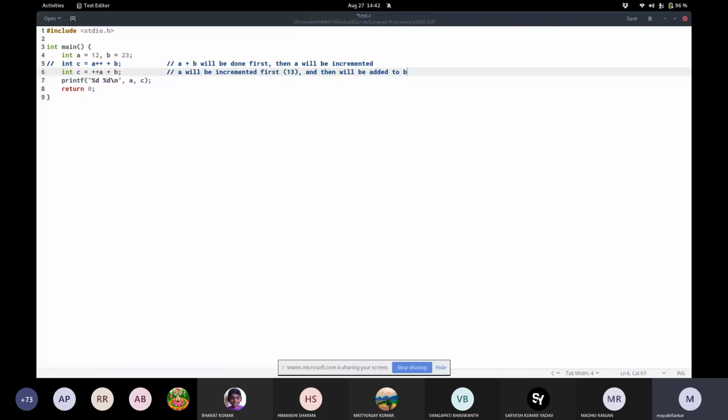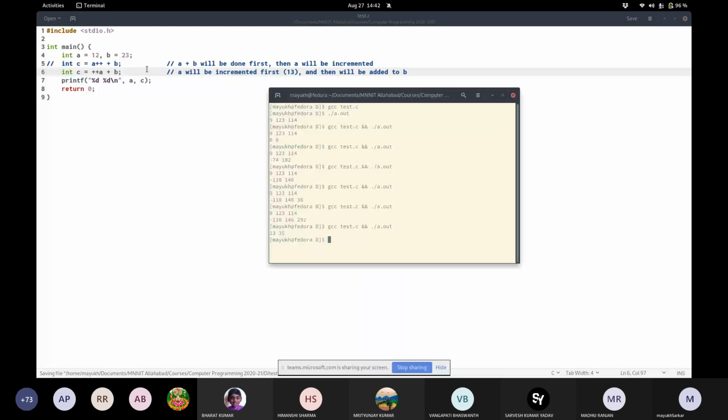So in that case, 13 plus 23, you can expect that the value will come as 36 rather than 35. So the value of c has appeared 36 because a got incremented to 13 before being added to b. Okay, so that's the difference between pre-increment and post-increment.